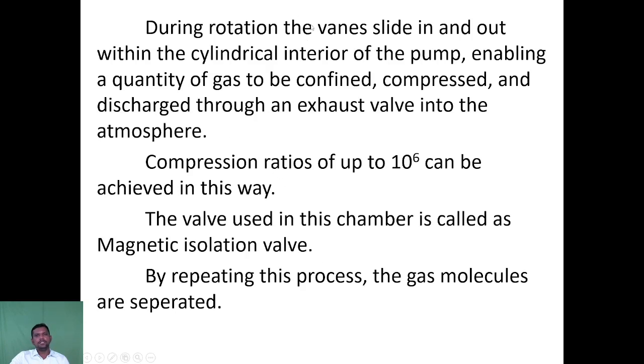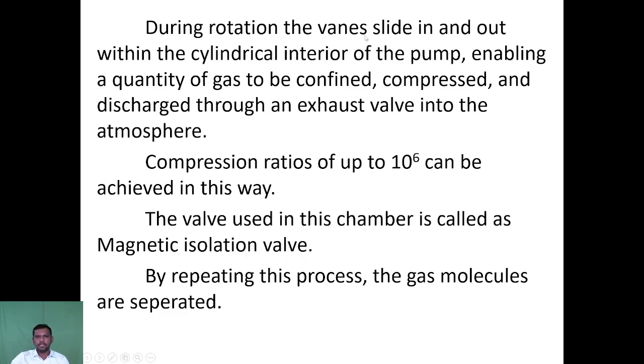During rotation, the vanes slide in and out within the cylindrical interior of the pump, enabling a quantity of gas to be confined, compressed, and discharged through an exhaust valve into the atmosphere. So this is the process that takes place inside the rotary vane pump.